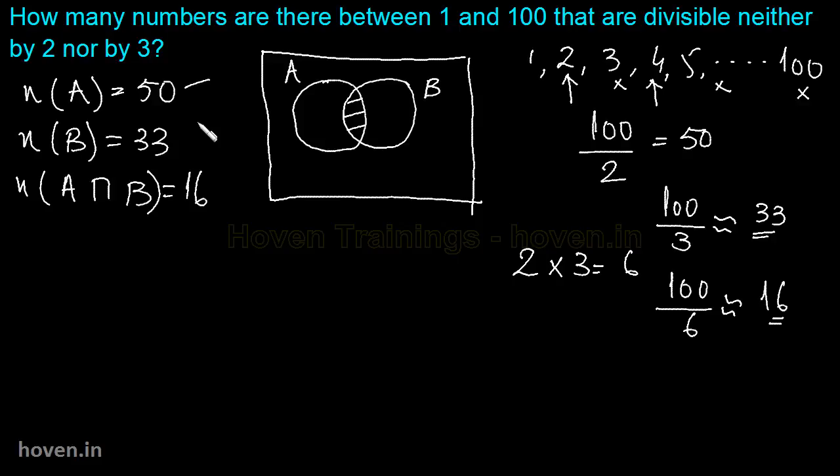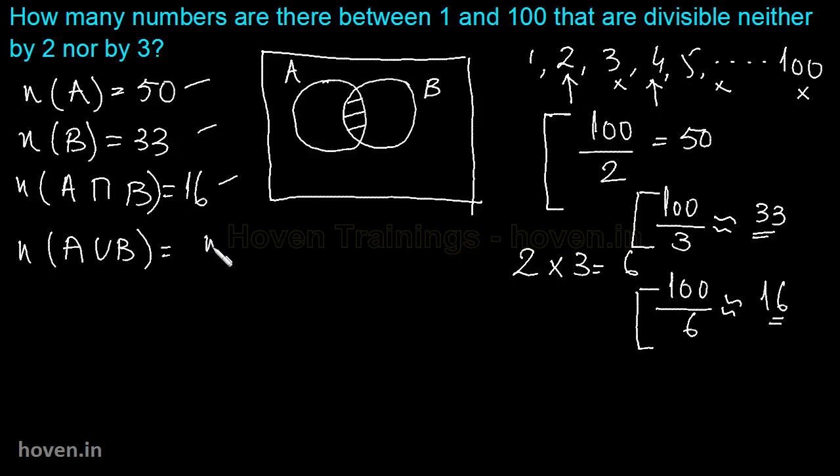If you're clear up to this point, probably you might be having small difficulty with this part. But if you think about it a little, you will be able to understand that this is correct. So if we agree on this, now we can use our Venn formula. N(A union B) is equal to N(A) plus N(B) minus N(A intersection B).